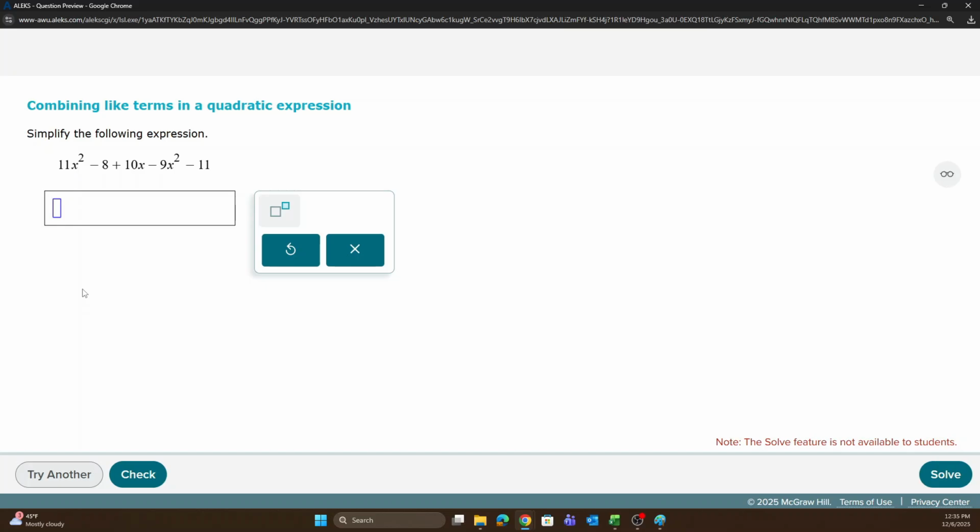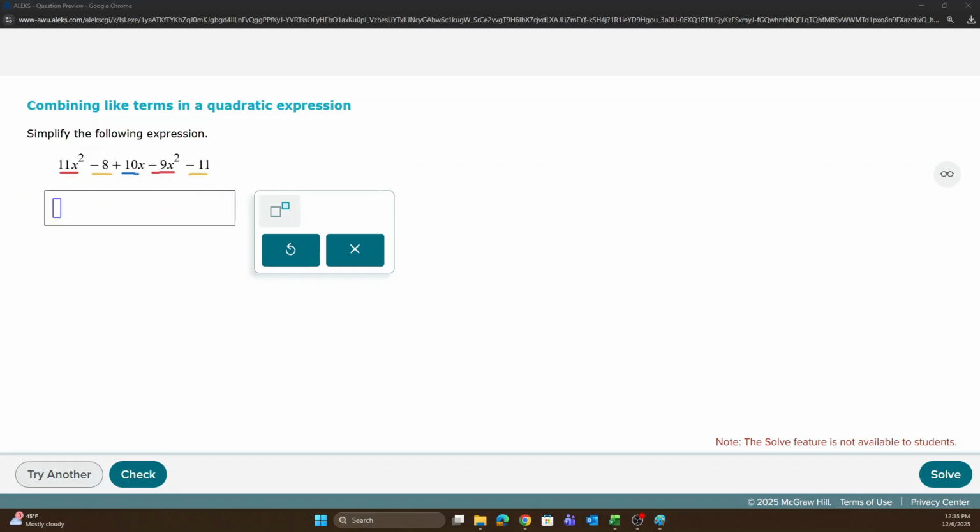So for problem set 5, what we're doing is simply combining like terms in a quadratic expression. Here we just want to see what like terms we have. Starting with our x squared terms, then we'll look at our x terms, and then we'll finally look at our constant terms.